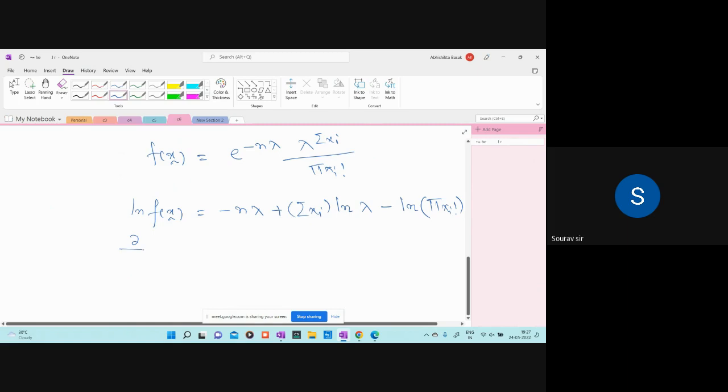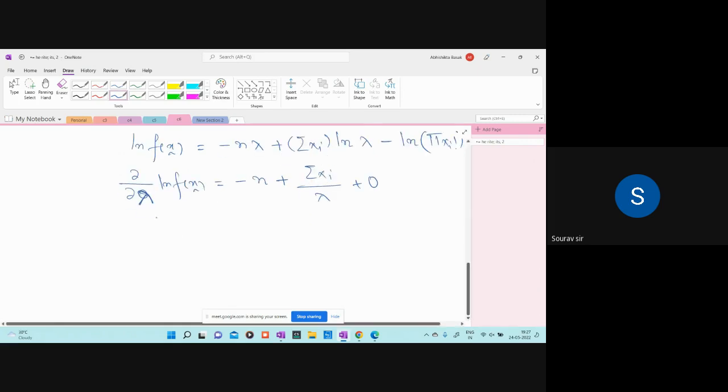Then I will take a single derivative with respect to theta of this function. That is not theta, basically lambda over here is my parameter. So minus n plus summation xi by lambda plus 0. Then I can do a double derivative and take the minus sign.